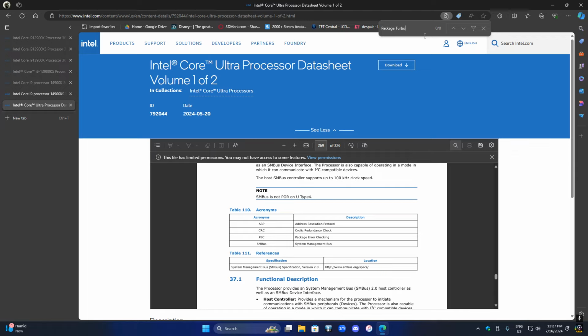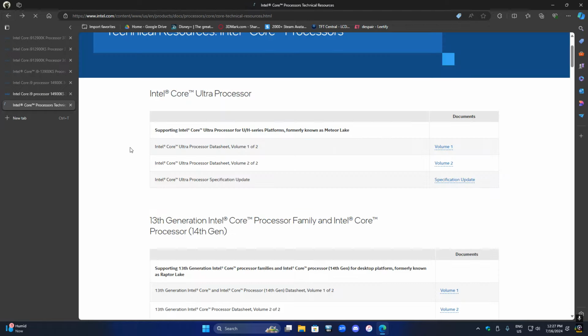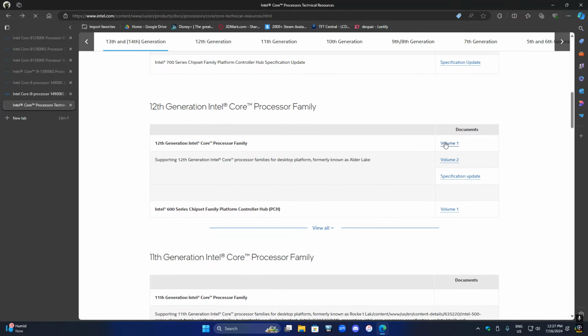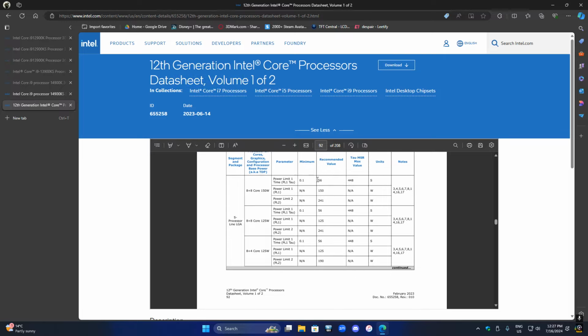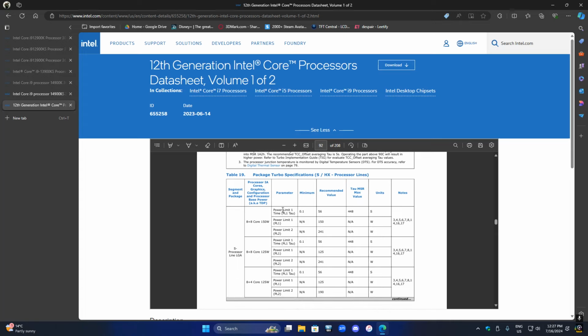Nothing. Interesting. Okay, whatever. Doesn't matter. We don't need it anyway. Okay, so 12th gen has the datasheet available, volume 1, with all the stuff, all these fun values, right?